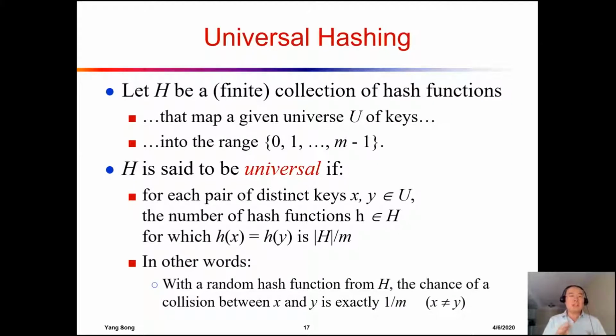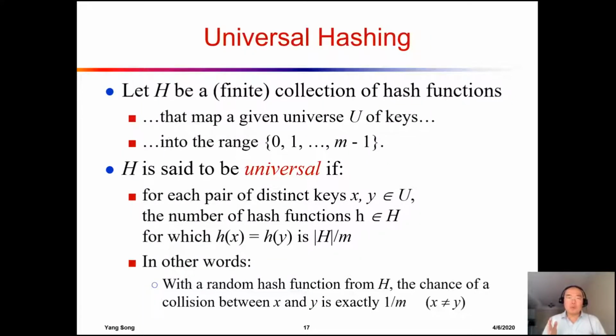So H is said to be universal if for each pair of distinct keys x and y, the number of hash functions which cause a collision between x and y is exactly |H|, the number of hash functions, divided by m.